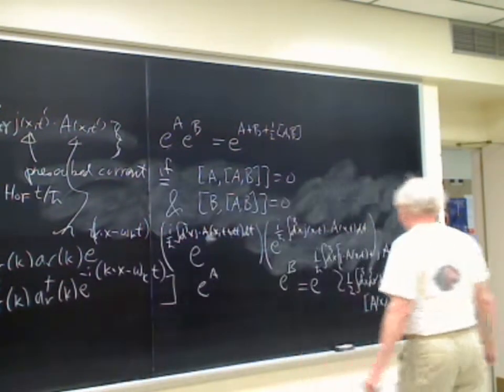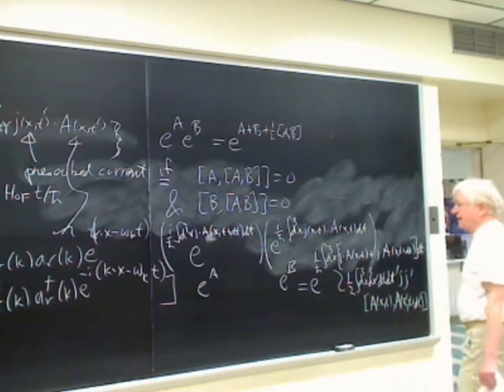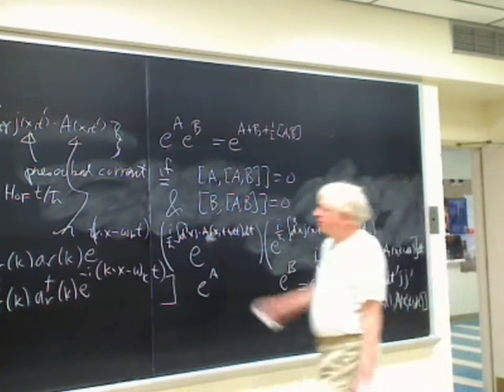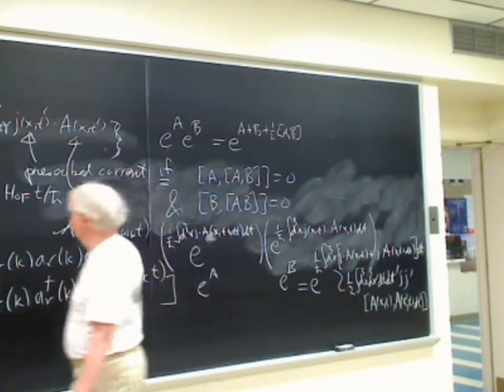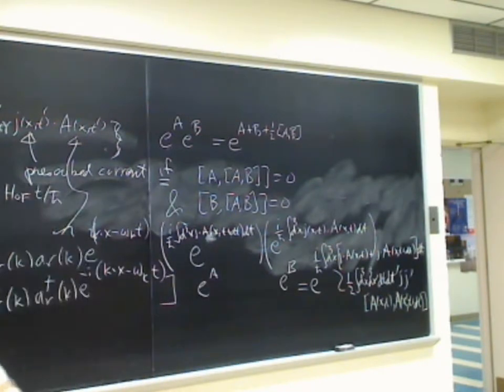So in other words, the upshot is that this whole integral here can be written as, well, I'm going to try to write it here, so I have to kneel down to do it.